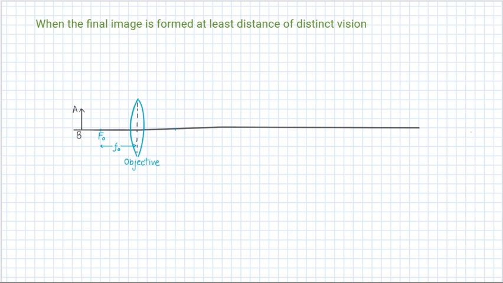Now consider a ray starting from this point A. It moves parallel to the principal axis and strikes the lens surface at this point. This is your first ray. This black line is your principal axis. After refraction, this ray will pass through the second focus, like this.